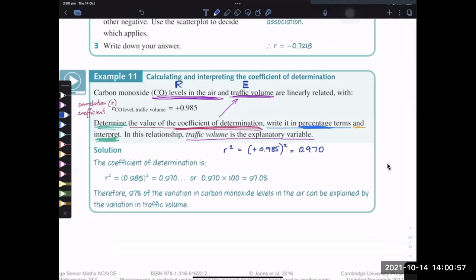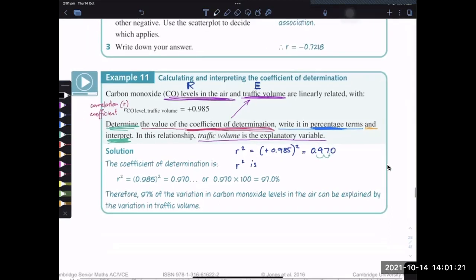But as a percentage, I'm going to say R squared here. If we want a percentage without having to use the calculator, just move your decimal place two spots to the right. So this is 97.0%.